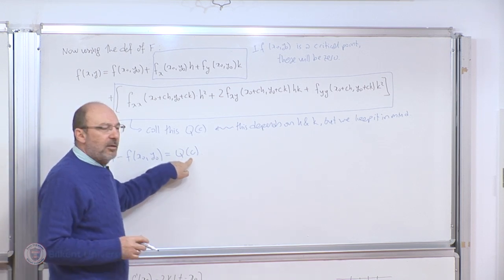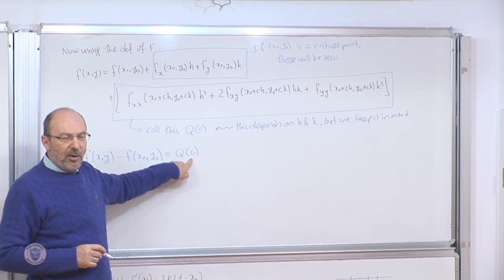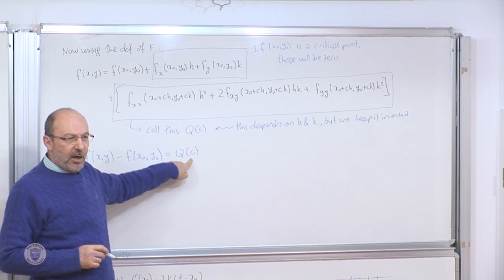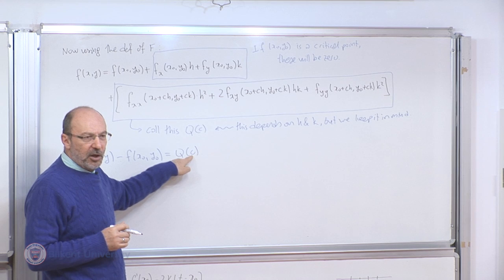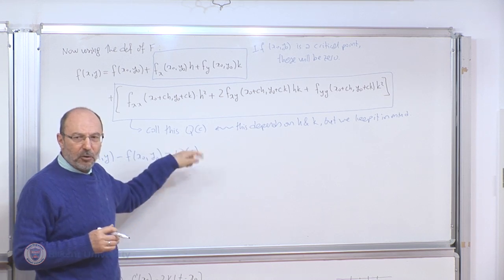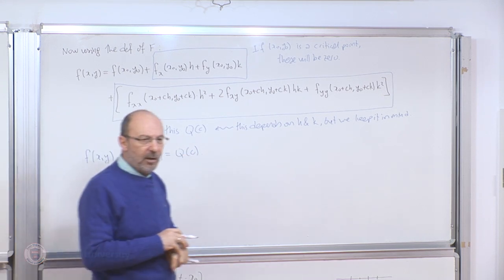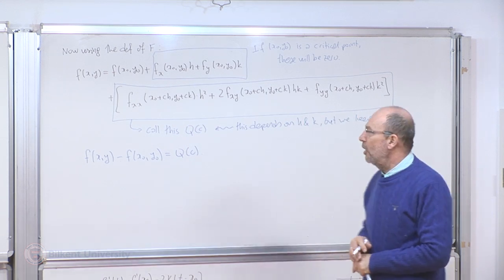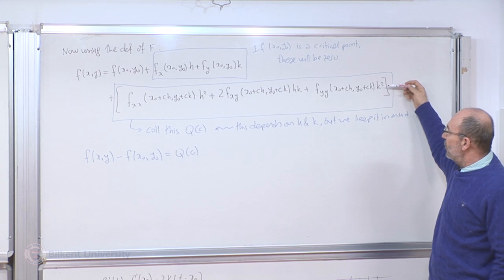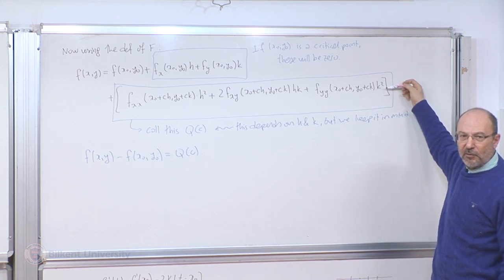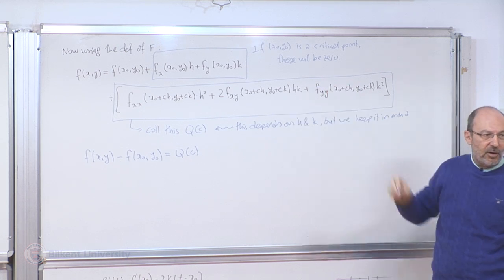But you see, we are trying to say something about this for all possible h and k, but if you just change h and k, C will change. So this side is impossible to calculate. But what is possible to calculate is if instead of C you put 0, then we suddenly have something we know here. Everything we know about f is evaluated at a given point; the point is fixed.